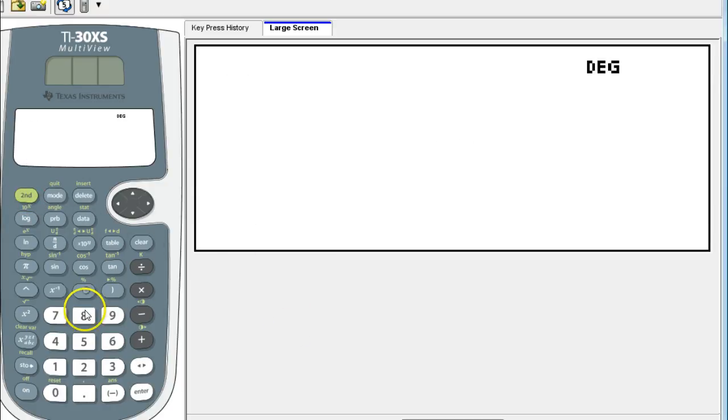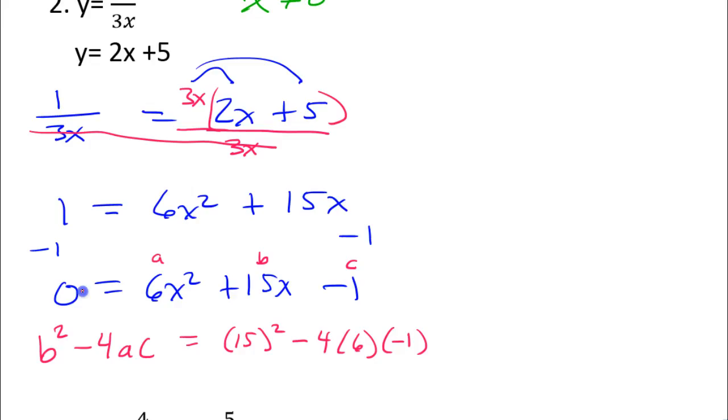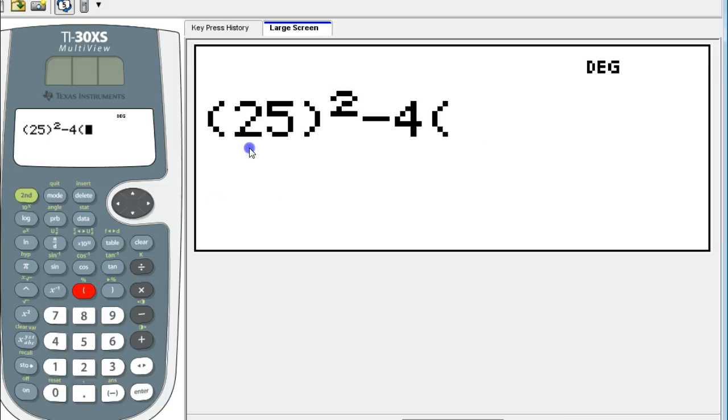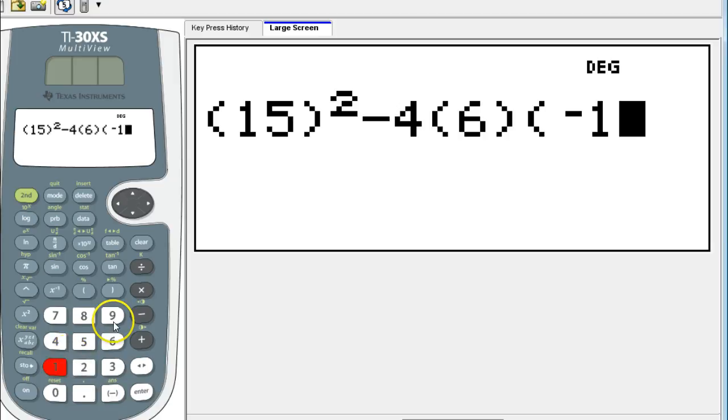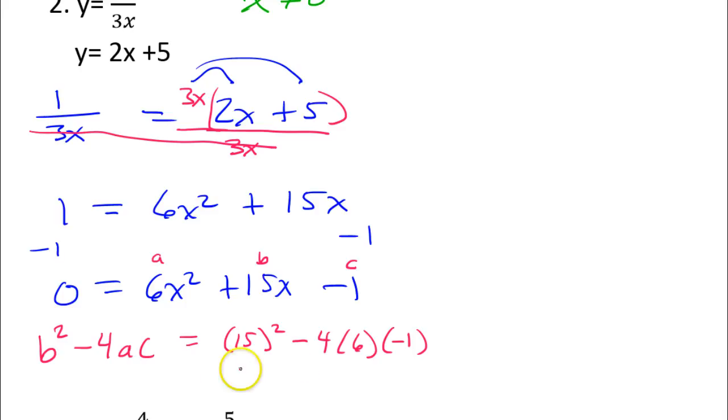Okay, so what was that again? Did I say 25? Ha! I messed up. 15 squared minus 4 times 6 times negative 1. Okay, so 249 is the discriminant.